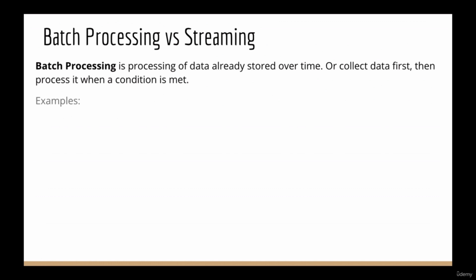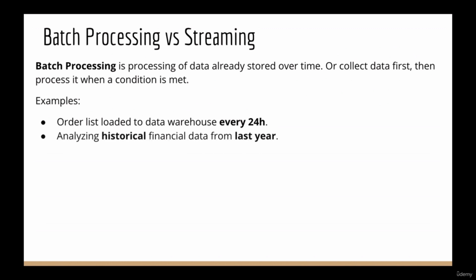So an example of the first kind, which is processing of blocks of data, would be analyzing an order list that's loaded to the data warehouse every 24 hours, or analyzing historical financial data from last year.